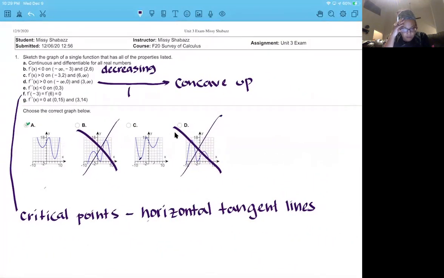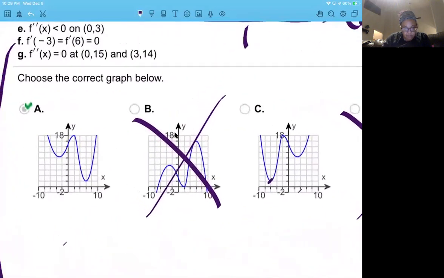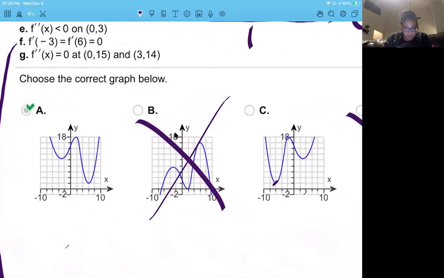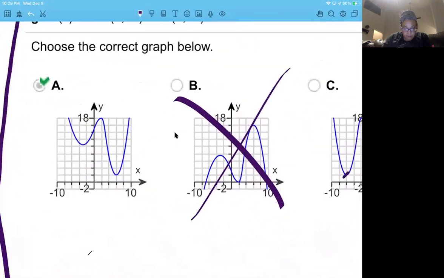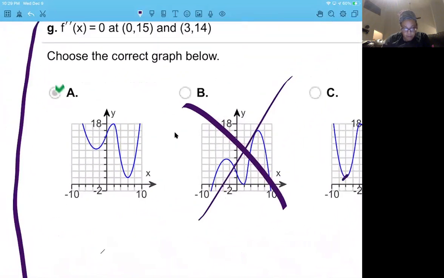I wish I could blow these up a little bit more. So that's -3, 1, 2, 3, 4, 5, 6.